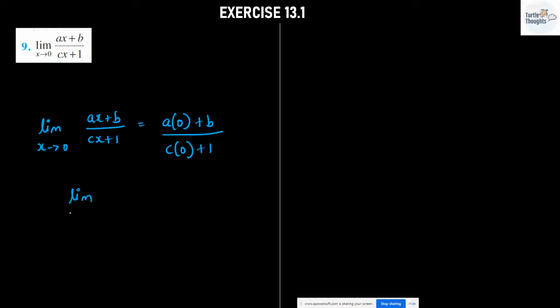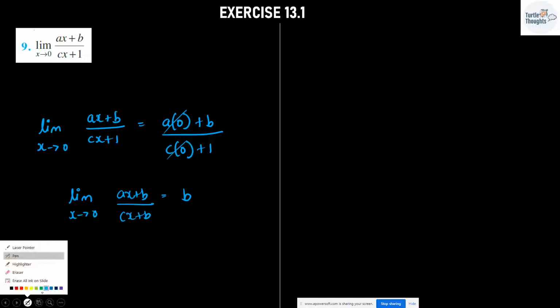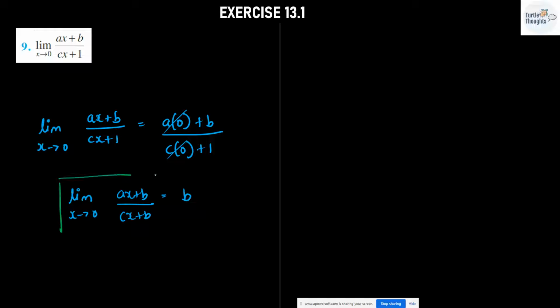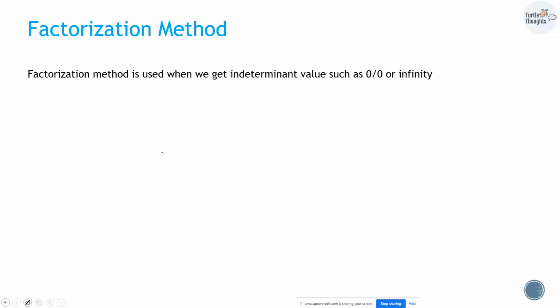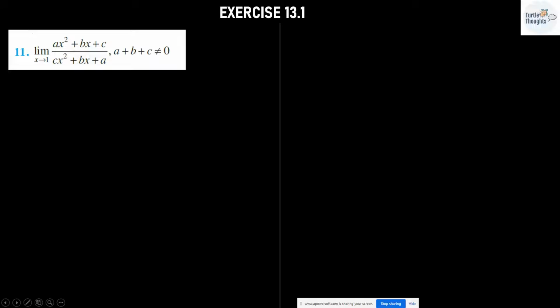So I can write that the limit of x tending to 0 of ax plus b divided by cx plus 1 is going to be b, and this is going to be 0. I can write just as b divided by 1, which I can take as b itself. Or let me write here b divided by 1. All right. Now, similarly, last question I'm taking of direct substitution. Then we will move on to the next method.